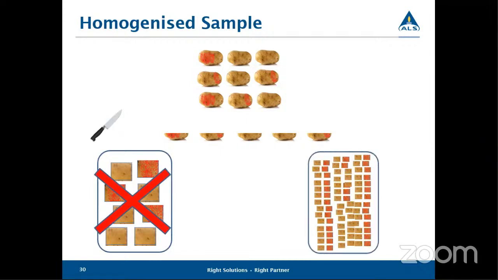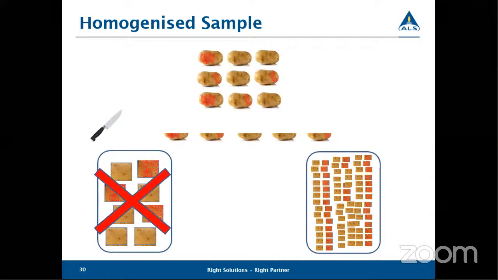Instead, you would want to take it into very small pieces when we blend it, usually in the laboratory using specialized food blenders, so that we can get the most representative sample possible and get those red dots as evenly distributed as possible, from which then we'll take our working sample in the laboratory to test.